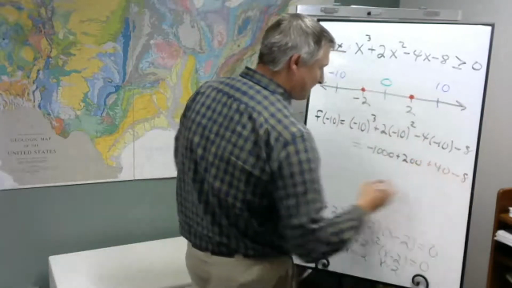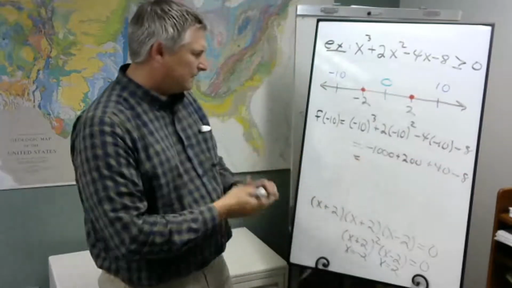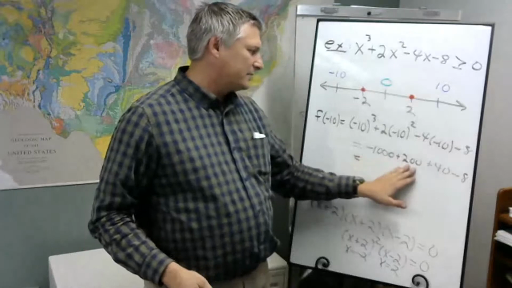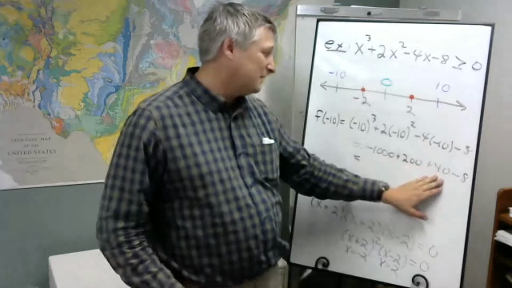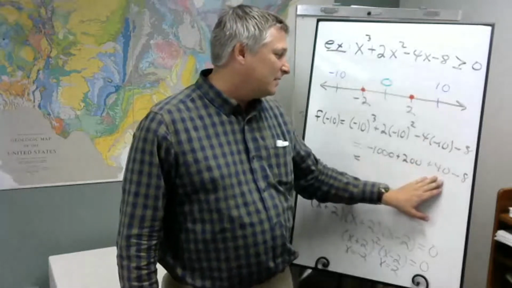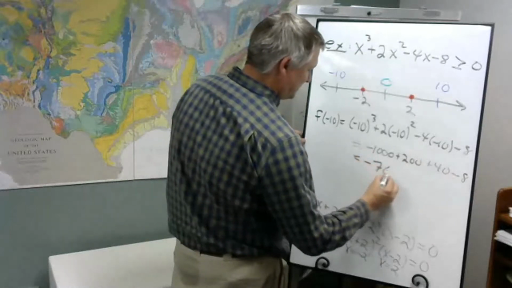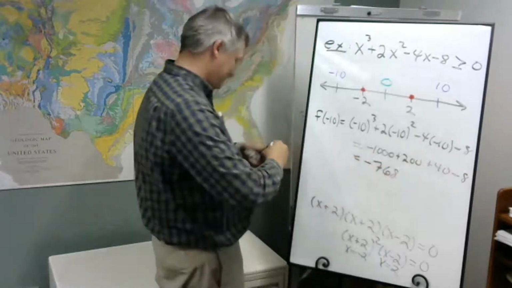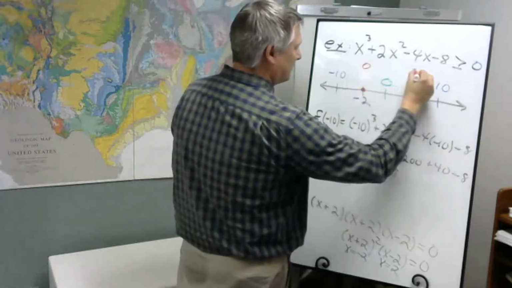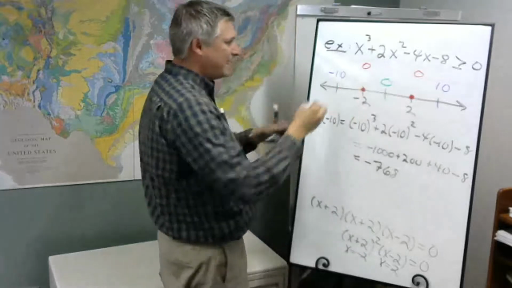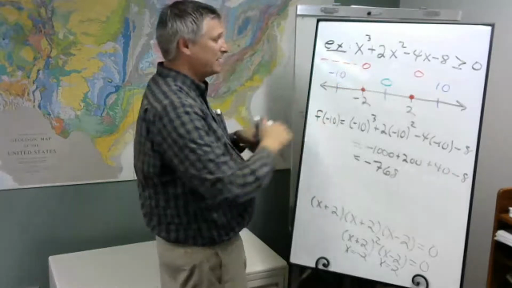And then -8. So what that'll give us, -1,000 plus 200, that's -800. -800 plus 40 is -760. -760 subtract 8 is -768. So that means this interval, f of x is going to be negative.